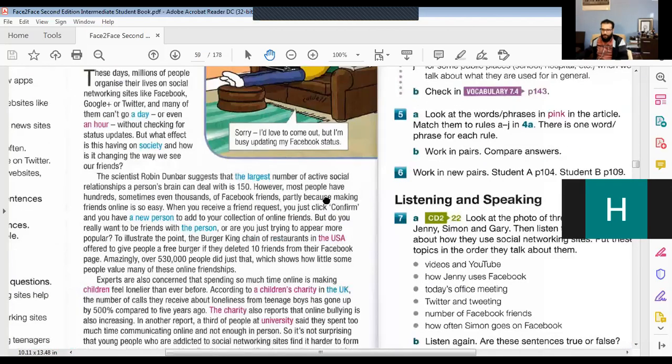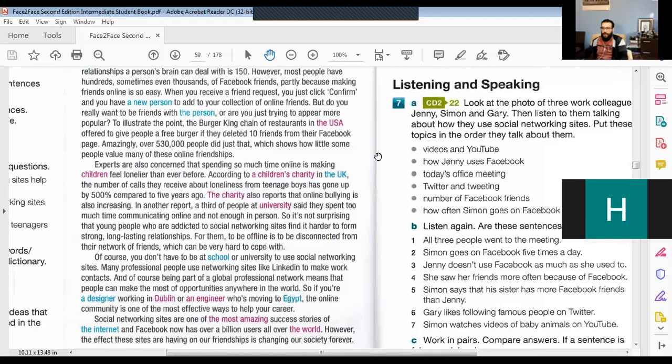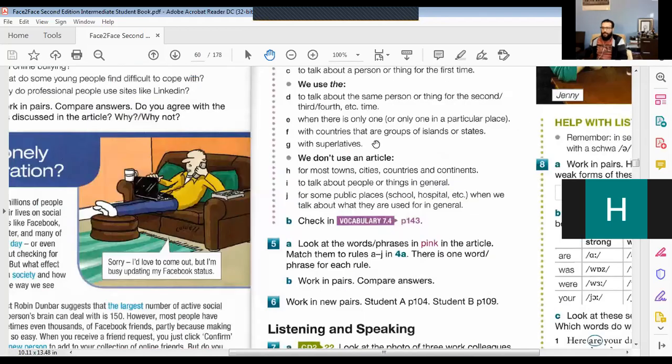Okay. The UK, I think. UK, correct, you're right. Countries, but not any country. It says countries that are groups of islands or states. So we cannot say the Libya, like the USA. We cannot say the Italy, the Egypt. No. But we can do it for the UK because it's a group of states.